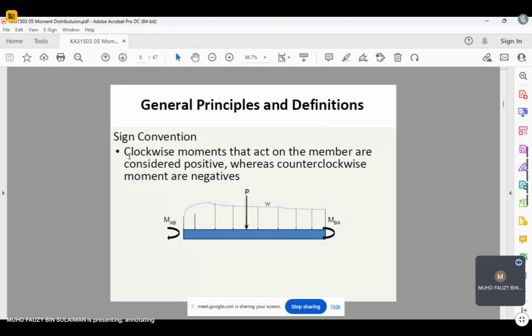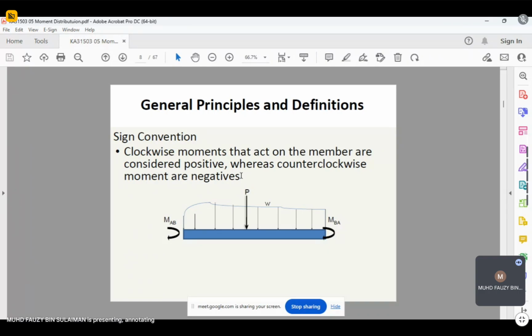The second thing is the sign convention. Sign convention is not fixed. During the final exam, you have to read the question. Either the assumption is clockwise positive or anti-clockwise positive.